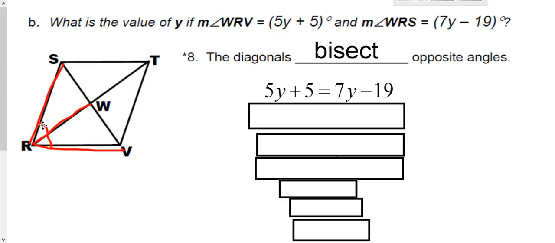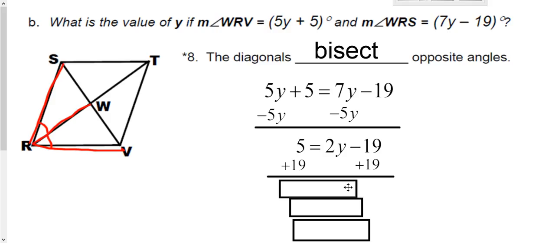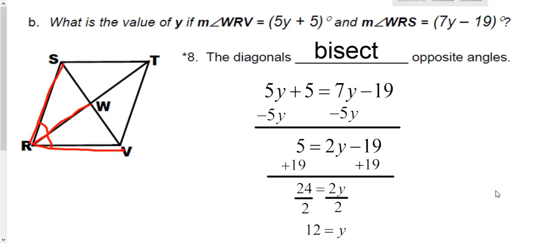These angles they gave us are equal. So I'm going to subtract 5y from both sides, and that gives us 5 equals 2y minus 19. Then we'll get rid of that minus 19 with plus 19, to get y by itself. We get 24 equals 2y. Divide by 2, and y equals 12.